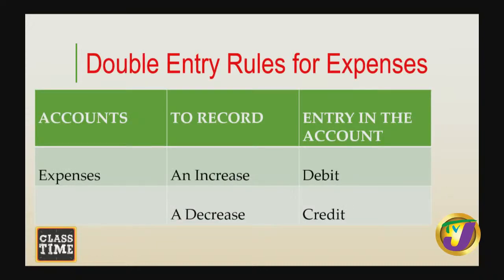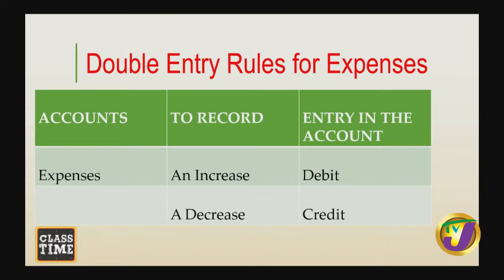Now, students, hold this road code. You're going to need it. Ready? Whenever there's an increase in expenses, we will debit the account, quite opposite to revenues. Because with revenues, we do what? Credit. Good.